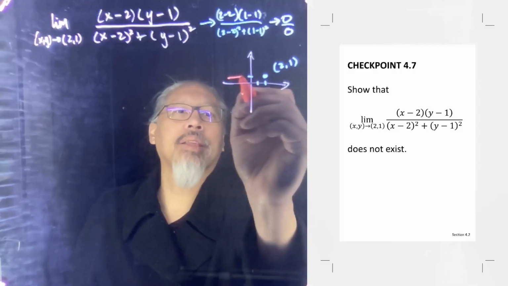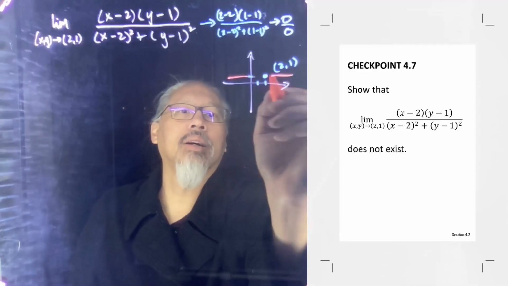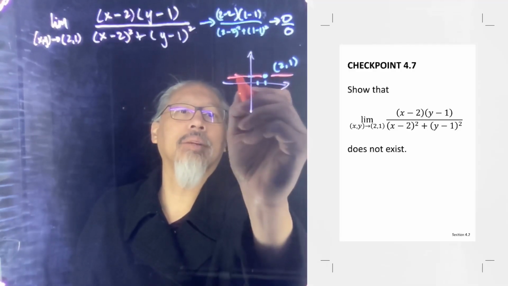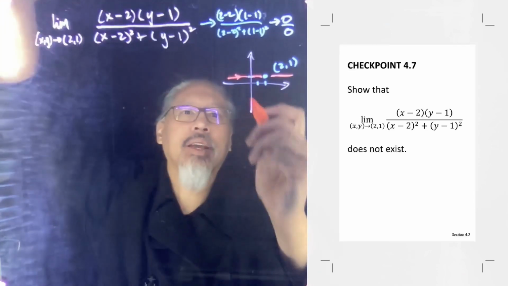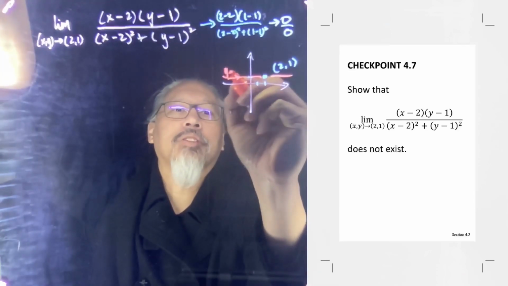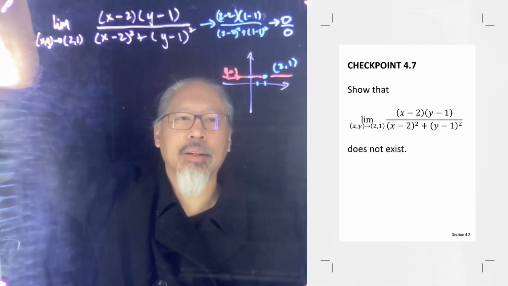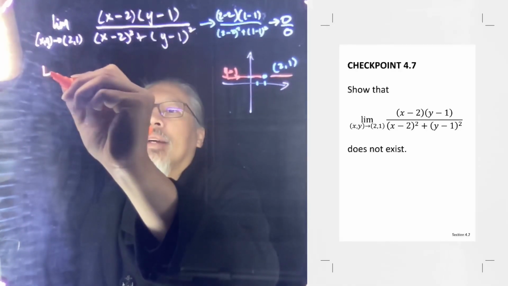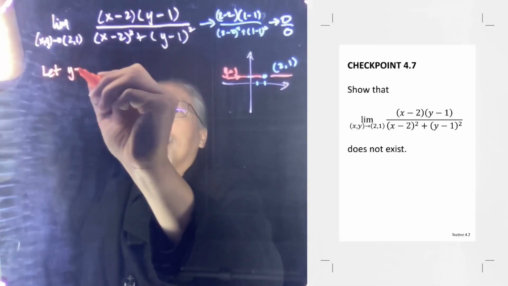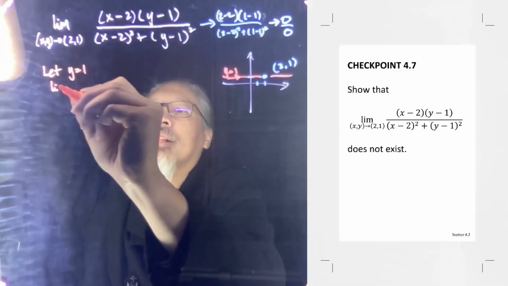Let's take the path going along the horizontal line, and with that horizontal line we're essentially saying that we're going to fix y to equal 1 and approach along that path. So let's say we let y equal 1, and then we take the limit.